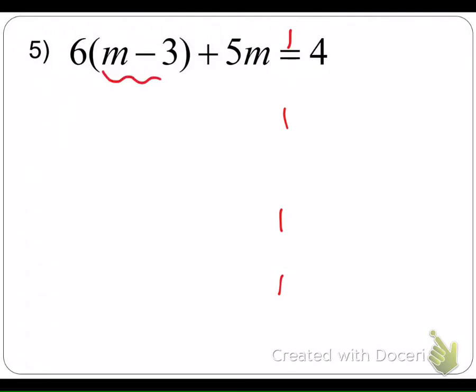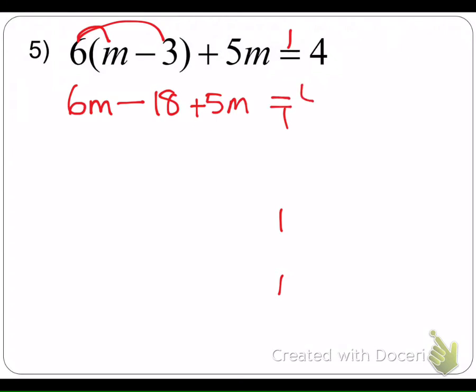These are not like terms, so you can't actually do like m minus 3. The way we handle the parentheses is to distribute. So what is 6 times m? Minus, what is 6 times 3? 18. Plus 5m equals 4.